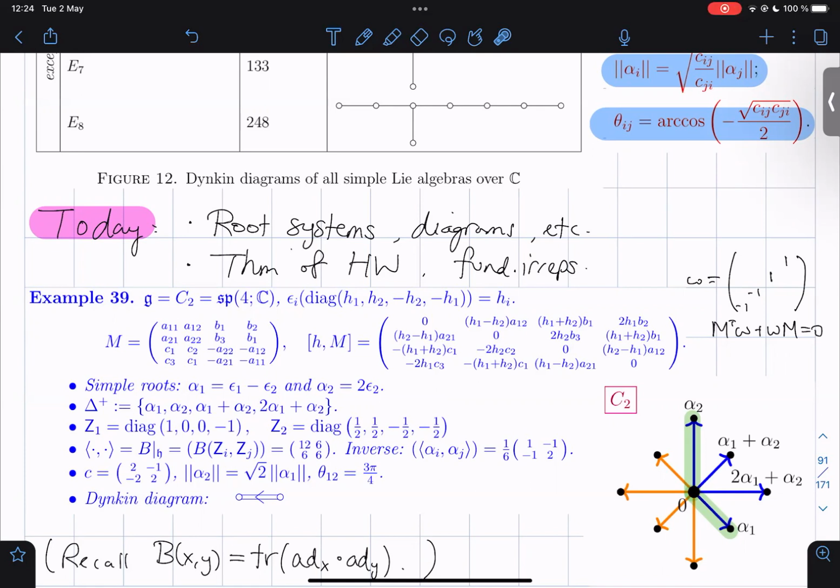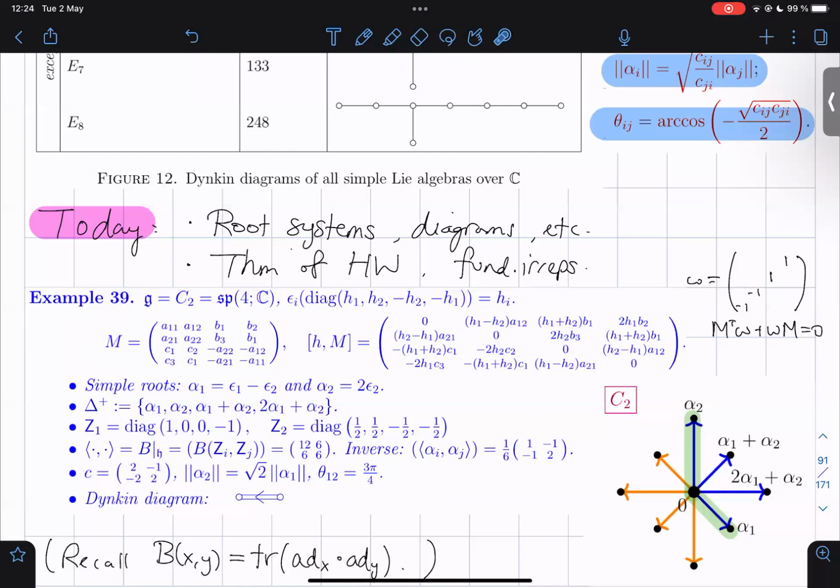From this information, the basic root epsilon 1 minus epsilon 2 comes out. But then you look also here, and a different root, namely 2 epsilon 2, comes out. These other ones, for example H1 plus H2, also appear here, obtained by summing these guys over here. So the root associated with that would be alpha 1 plus alpha 2.